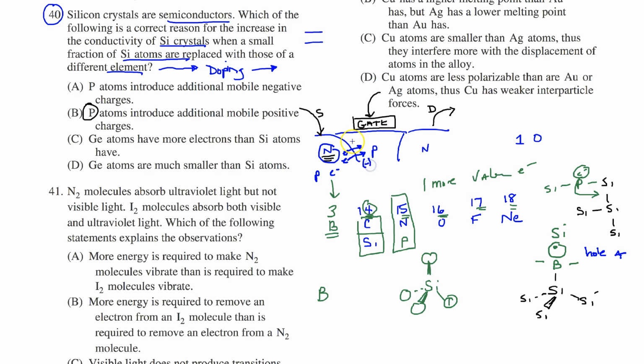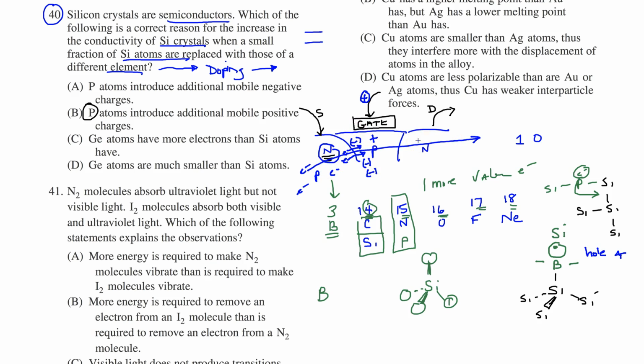And that negative area prevents any more electrons from passing through. It's called the depletion layer. When we put a positive voltage here, a little voltage, by making this area positive, it can attract electrons from the phosphorus in the doped silicon to overcome this negative, and now we have a switch that's on. It's off when we don't have a positive because the depletion layer builds up, and it's on and off.